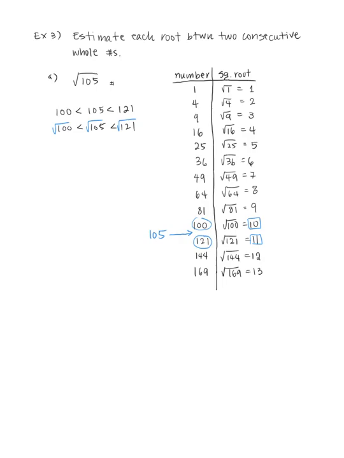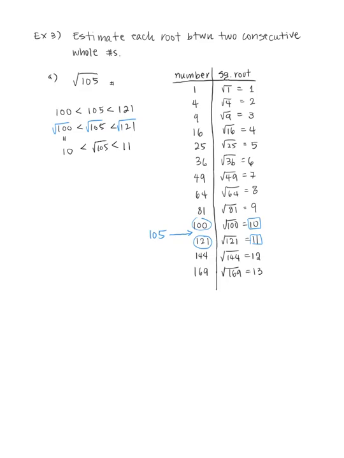Look at what the question's asking: estimate each root between two consecutive whole numbers, and we want to estimate the square root of 105. That's the reason why I took the square root of everything. So square root of 105 is going to be between square root of 100, which is 10, and square root of 121, which is 11. Therefore, square root of 105 should be between 10 and 11.